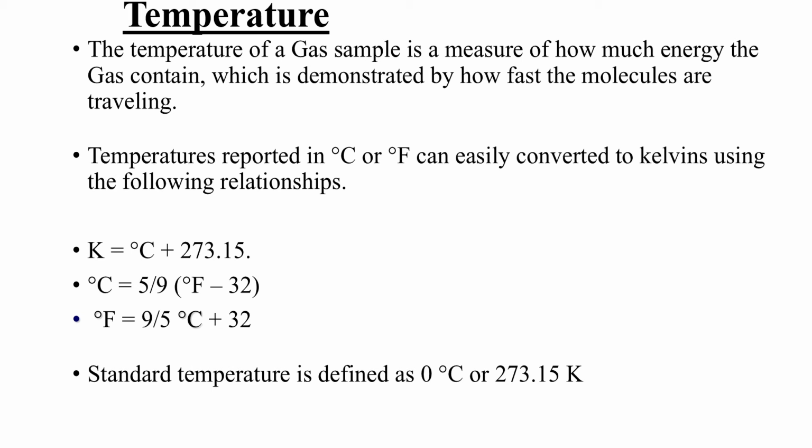This 0 Kelvin is the coldest temperature where matter can be, and also where matter has zero energy. So remember that temperature must be on the Kelvin scale for any gas law calculations, and 0 on the Kelvin scale, the lowest possible temperature, is called absolute zero.